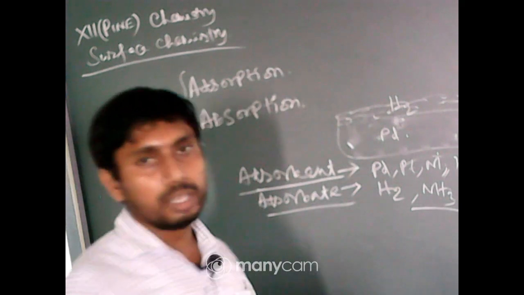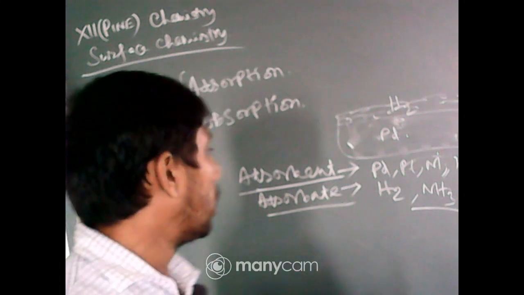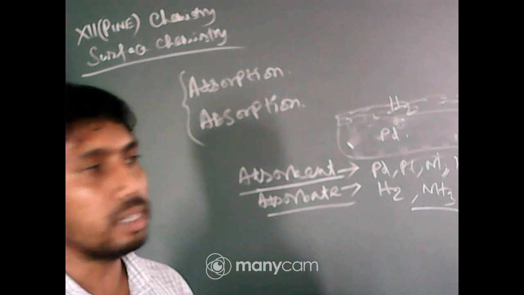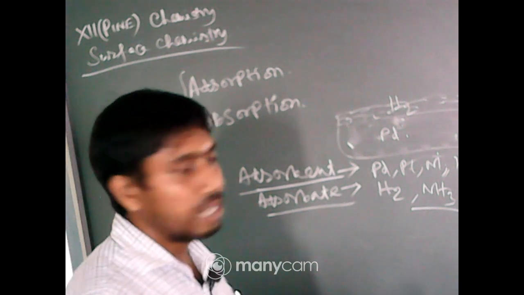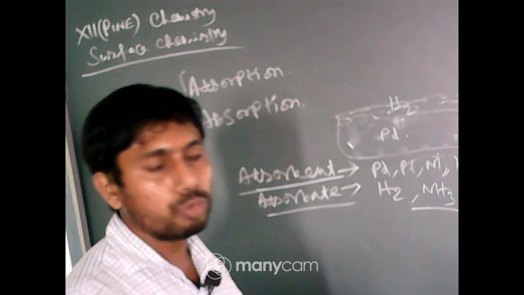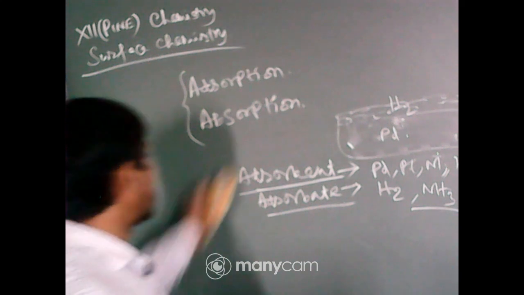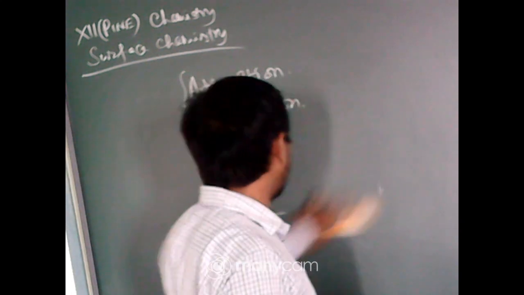So, the substance which makes a bond with the external species is called the adsorbent, and the external species which takes part on the surface or throughout the bulk is called the adsorbate. These are the two important terms: adsorbent and adsorbate.